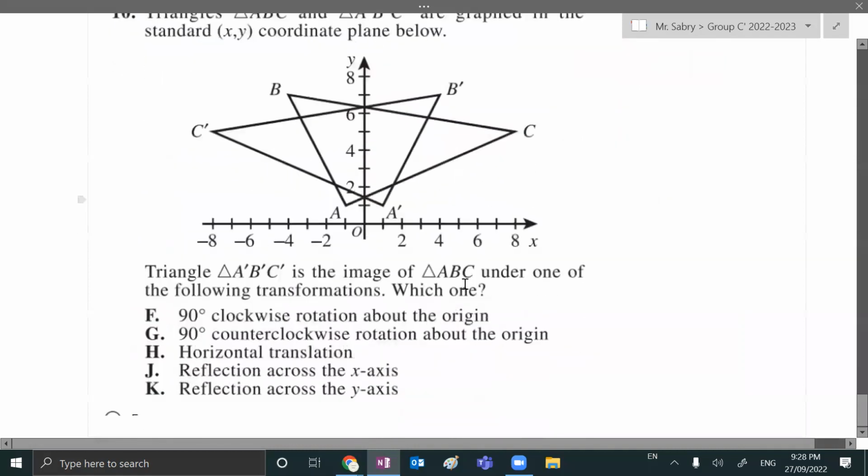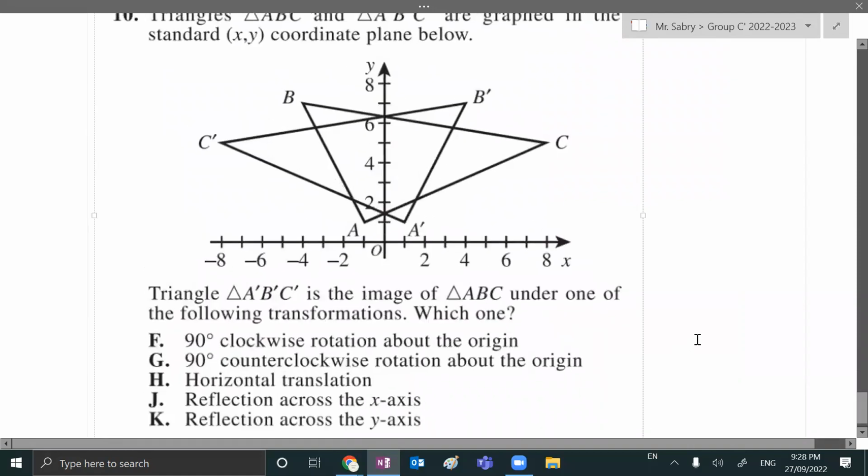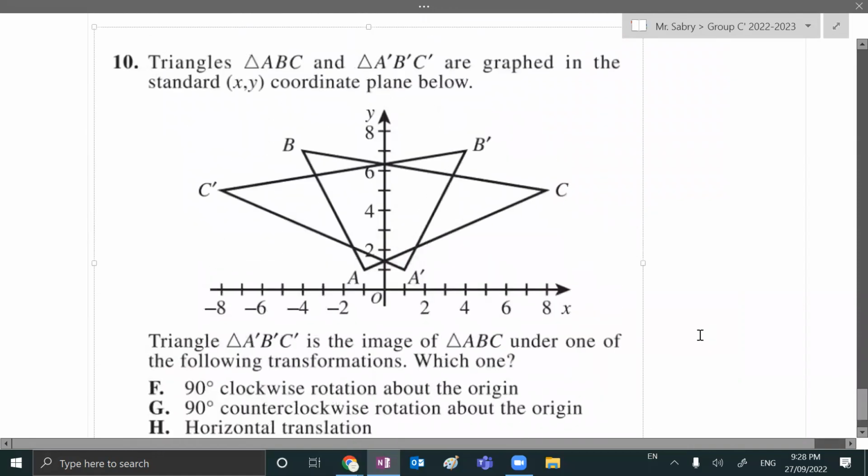Okay, number 10 finally. He gave me this shape. The original shape, by the way, is A, B and C without the dash. So the original shape is actually this one. Now we don't really need to look at the whole shape because things will become a bit confusing.